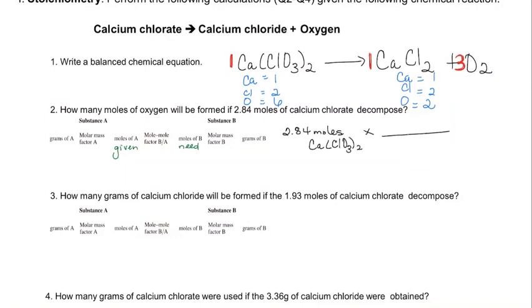To convert this to moles of oxygen, we're going to use our conversion factor, which is the mole to mole ratio. Because I need to cancel the moles of CaClO3, that's what I put here.